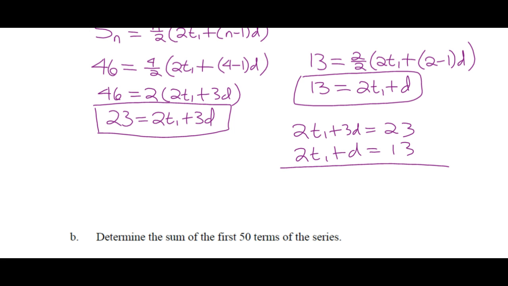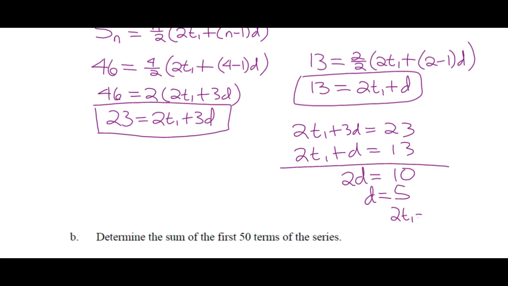Okay, so I subtract: 2T1 minus 2T1 is 0. 3D minus D, 2D is equal to 10, and D is equal to 5.